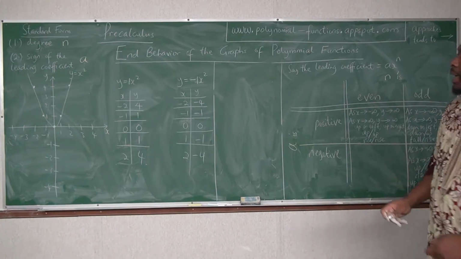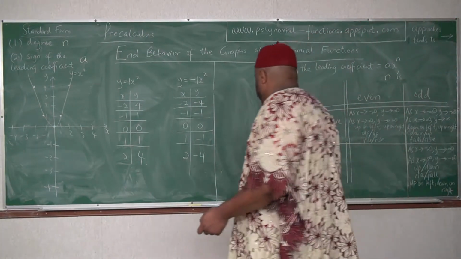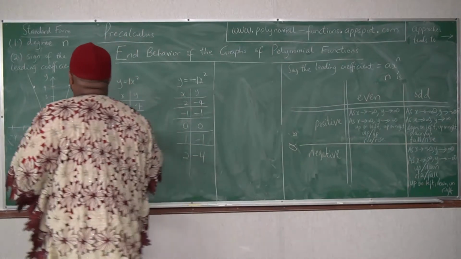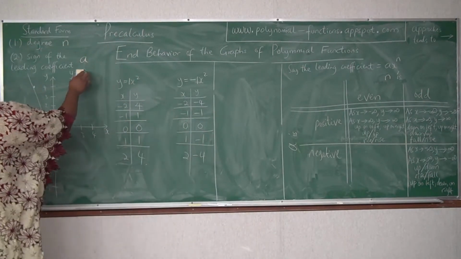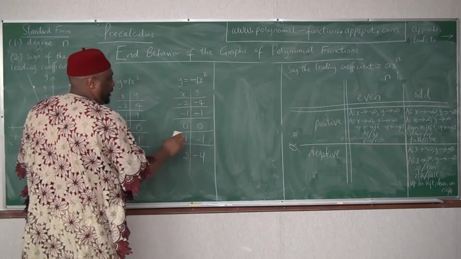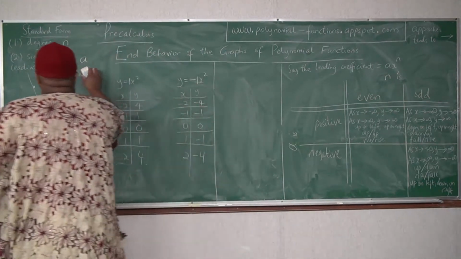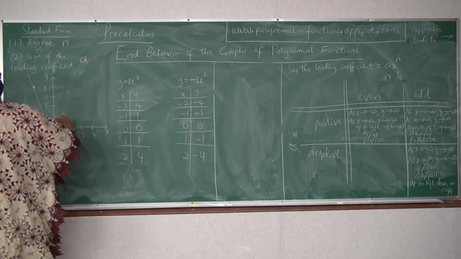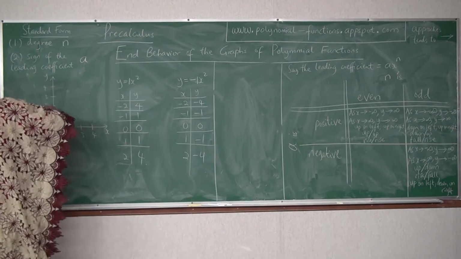And then when we do the next one, negative 1 x squared, let's go ahead and do it here. Negative x squared.